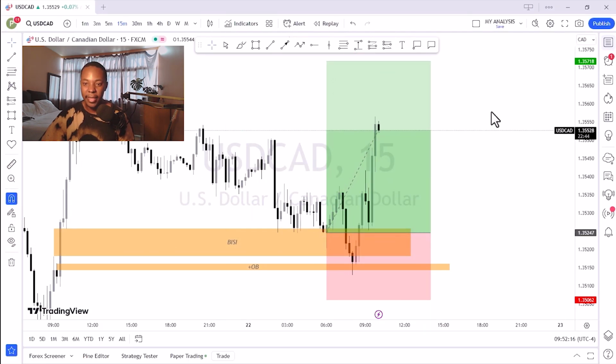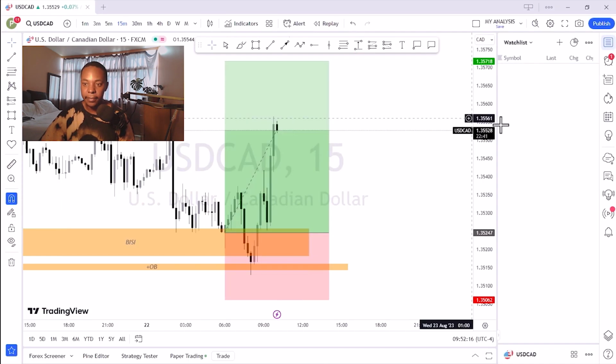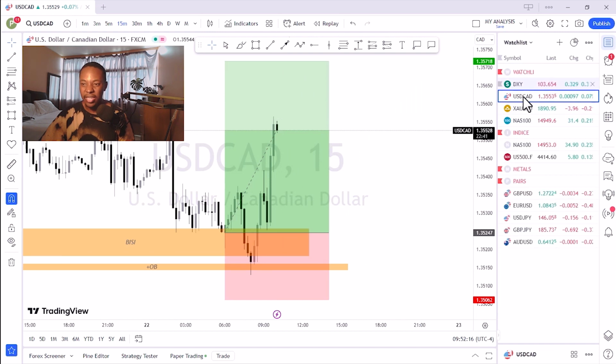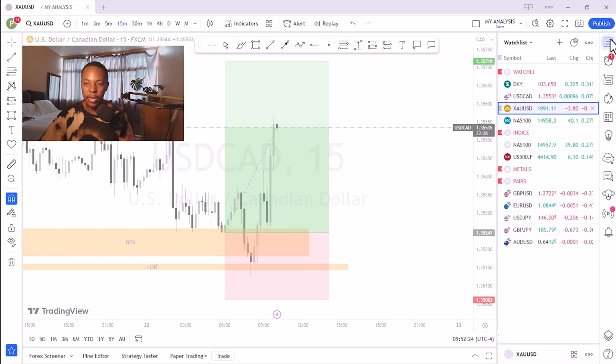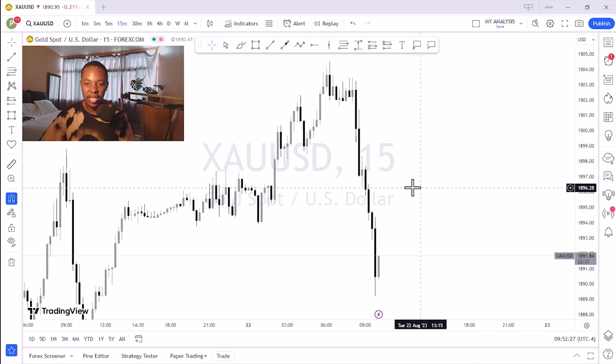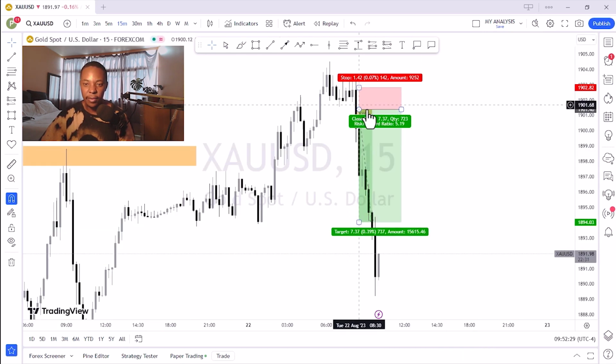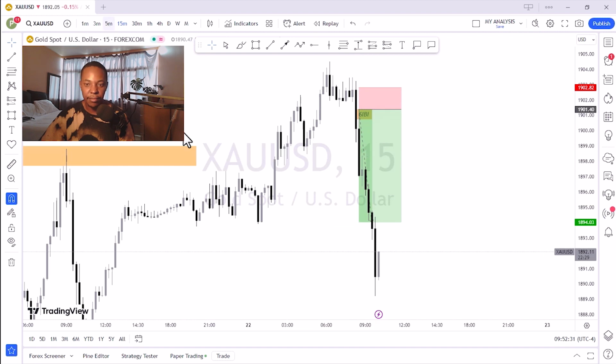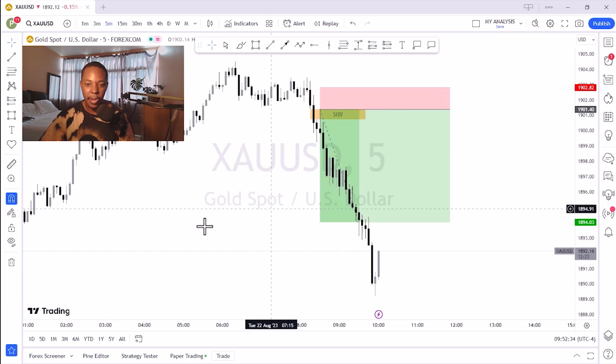I took a gold sell when the New York session hit. I took a gold sell from that CB there. I think it was like a 5-minute CB, and I had 2 take profits.